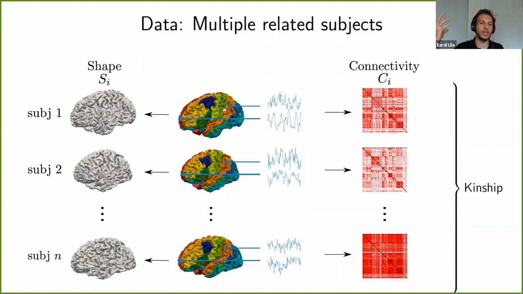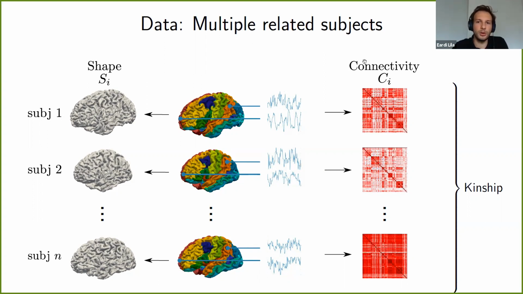So variation that is due to environmental sources as opposed to genetic sources. So really the final aim will be to understand the relationship between shape and connectivity that is due to genetic sources, and the relation between connectivity and shape that is due to environmental sources.